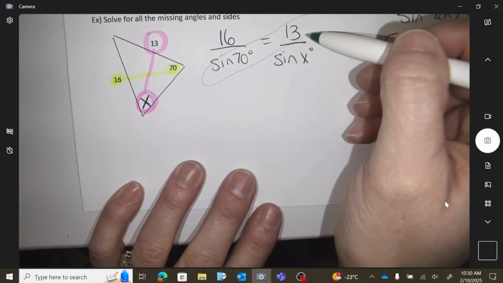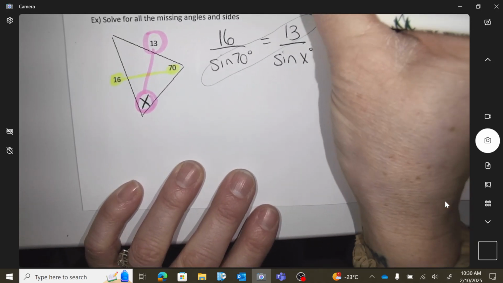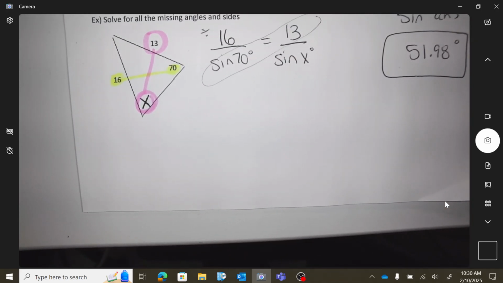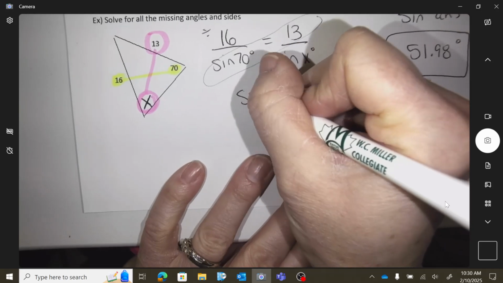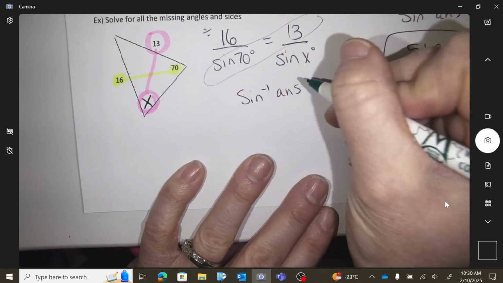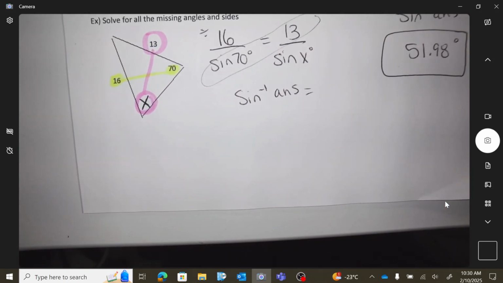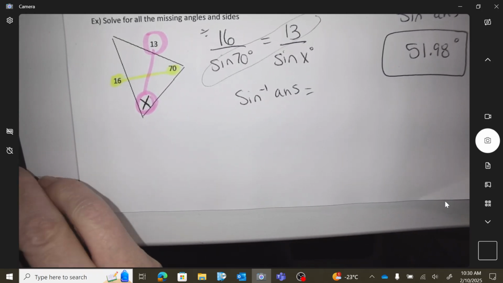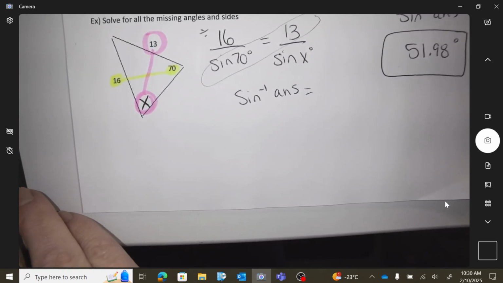Okay, do you find your diagonals? Times. Divide the other thing that was lonely. Sine inverse. Okay, so those are your moves. Yep. Times diagonal. Divide lonely.